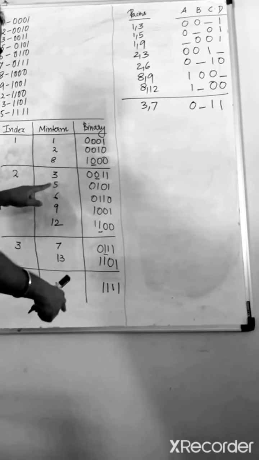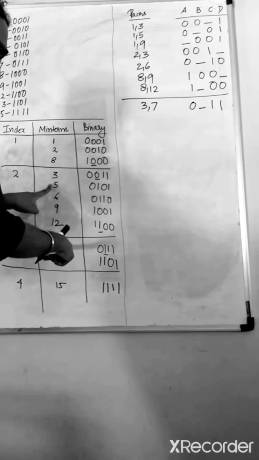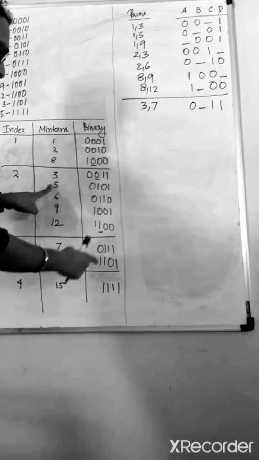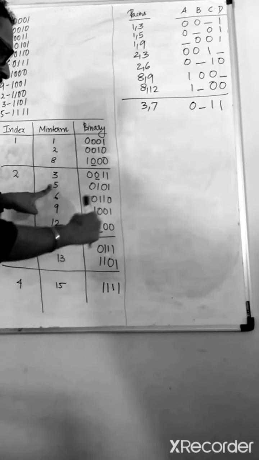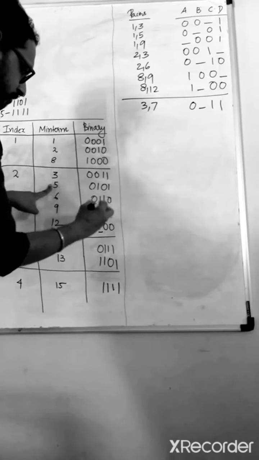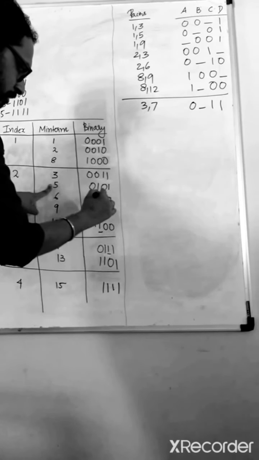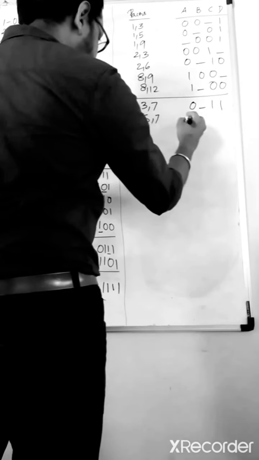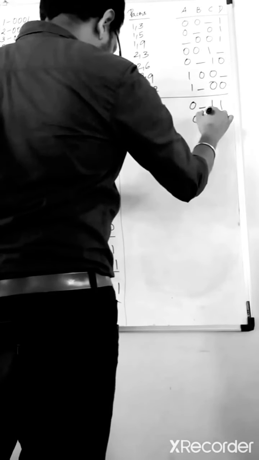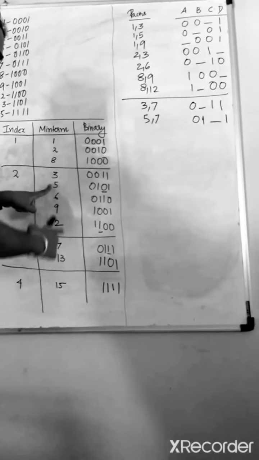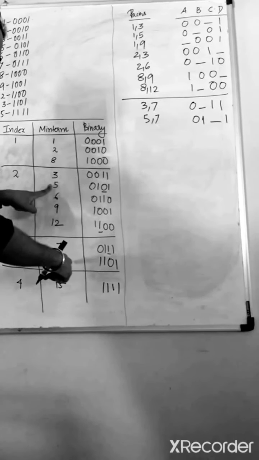More than one change. 5 is compared with 7. We have 0 1 0 1 and 0 1 1 1. So this one bit change. So we have 5 and 7 and we write it as 0 1 dash 1. Compare this with 13.